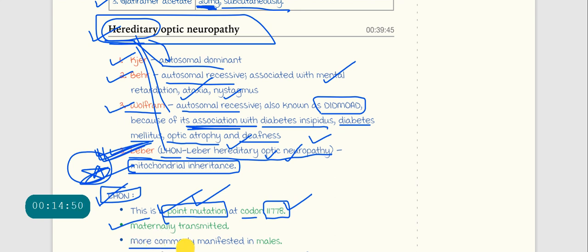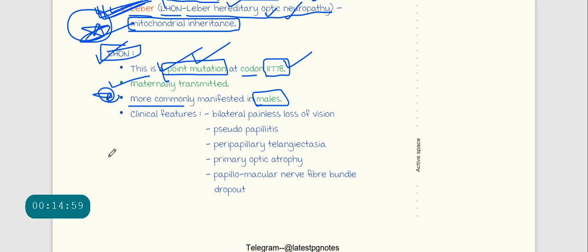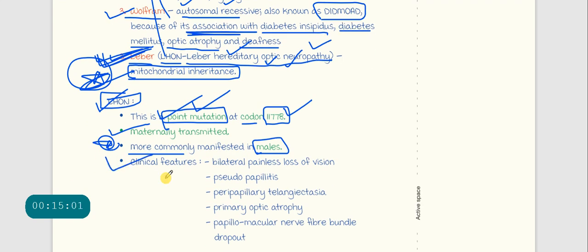Now what are the clinical features over here? These are the clinical features of LHON. You can see bilateral painless loss of vision.